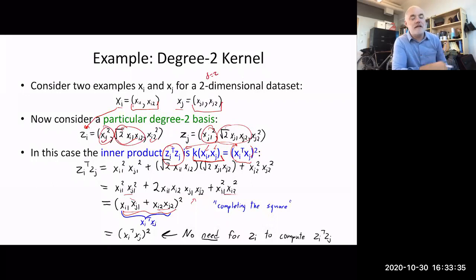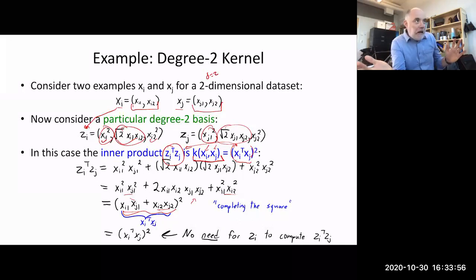It is not the case that every basis transformation will necessarily have an equivalent kernel function. Finding the kernel function in that direction is insanely difficult and often not possible. But that's okay, because if you have an infinite number of features, maybe it's not so important.